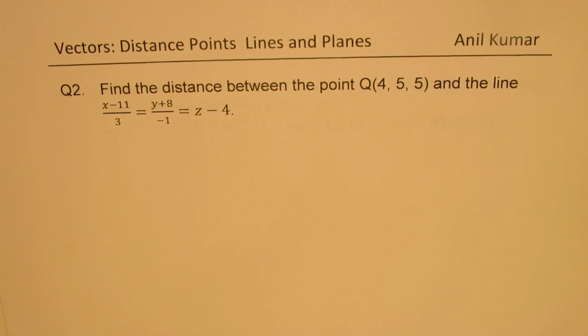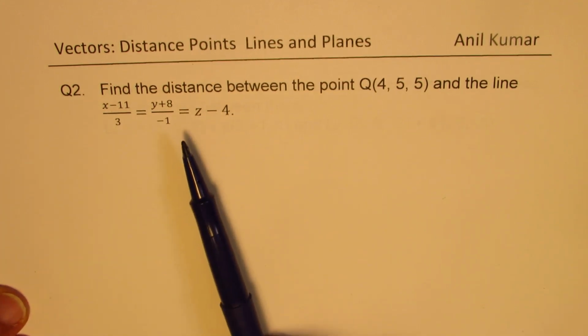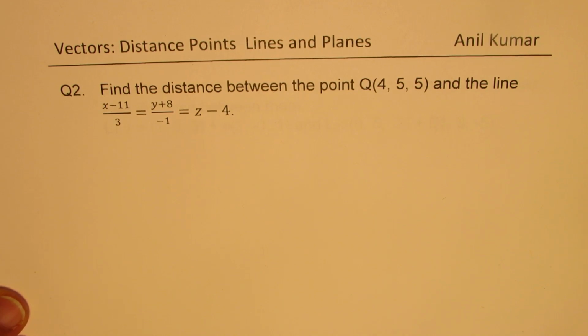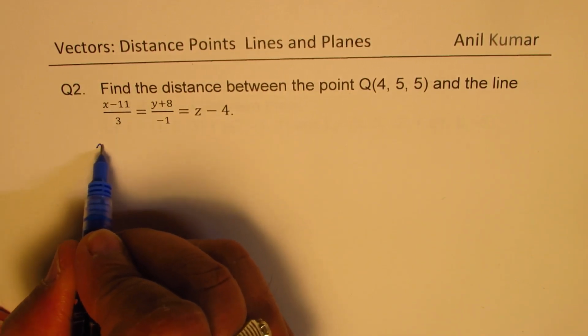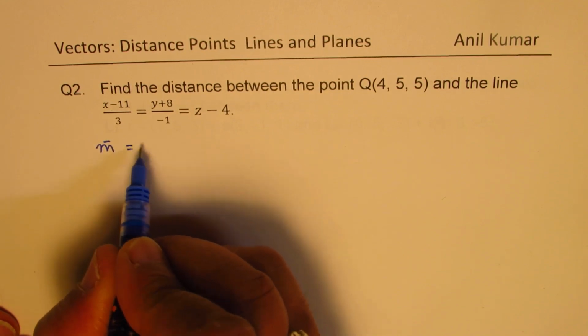Now let's look into question number 2, which is we need to now find the distance between the given point and the line. It is always through the normal, so we are going to use the cross product. That is kind of important to understand. Now, when you're given this line, the direction vector is what?